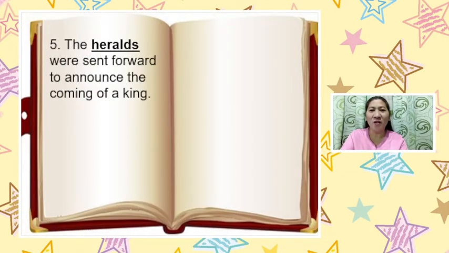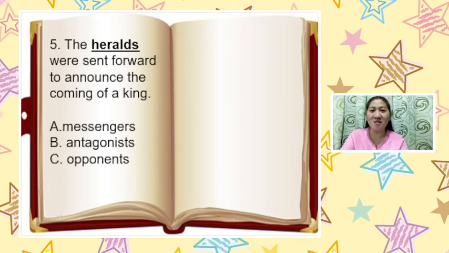Number 5. The heralds were sent forward to announce the coming of a king. Heralds. Letter A, messengers, B, antagonists, C, opponents, or D, protagonists.